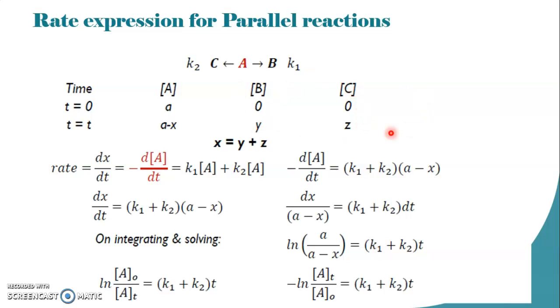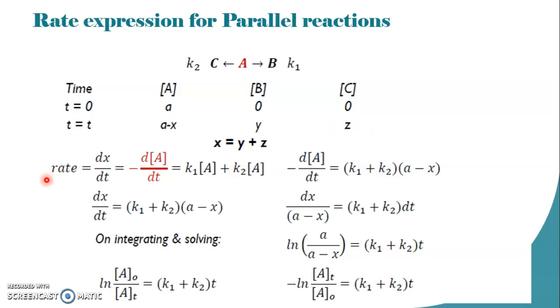After a time t, the concentration of A changes to A minus X, the concentration of B is Y and that of C is Z, and we assume the amount of substance changed is the sum of the products, that is X is equal to Y plus Z.